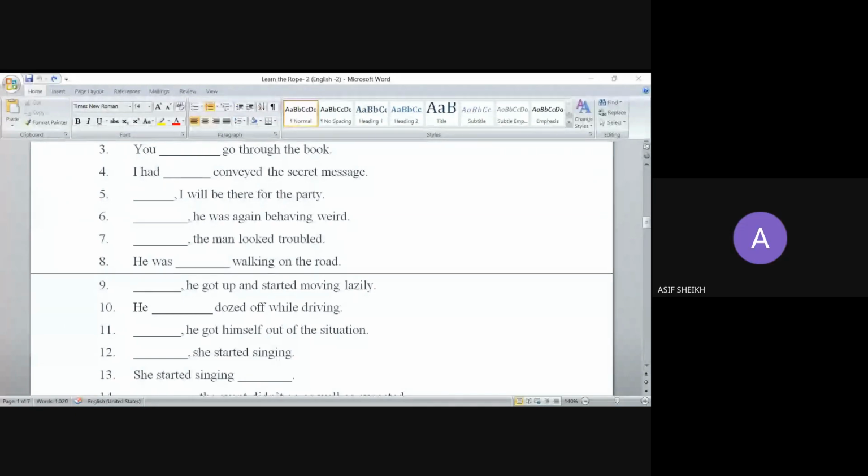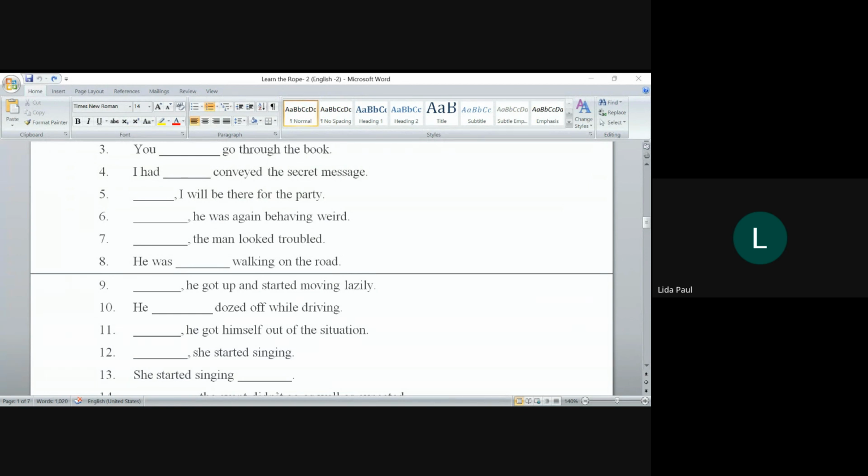Fortunately. Unbelievably. Unbelievably, unfortunately, he got up and started moving lazily. I think unbelievably, maybe you can use that. From the options that we have here, I think unbelievably will go well. Others look a little odd with that.